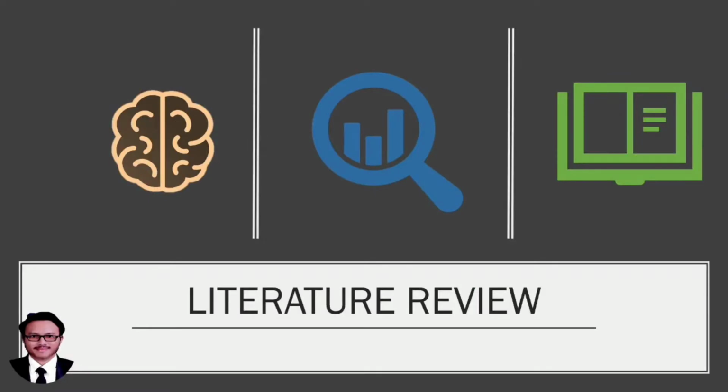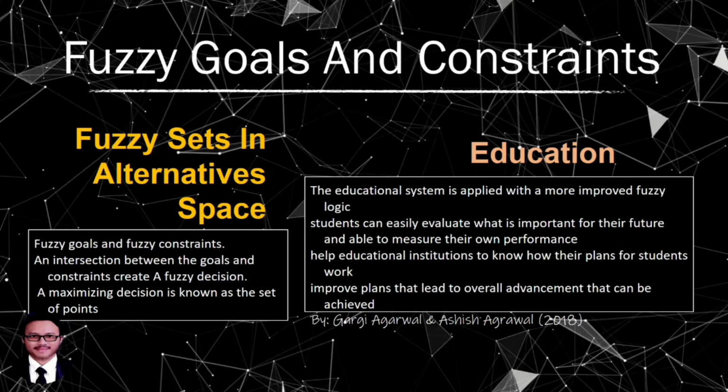Okay, first let's start with the literature review. Fuzzy goals and constraints. Fuzzy sets in the alternative space mean fuzzy goals and constraints, and the intersection between the goals and constraints creates a fuzzy decision. A maximizing decision is known as the set of points. For education, the educational system is applied with improved fuzzy logic.